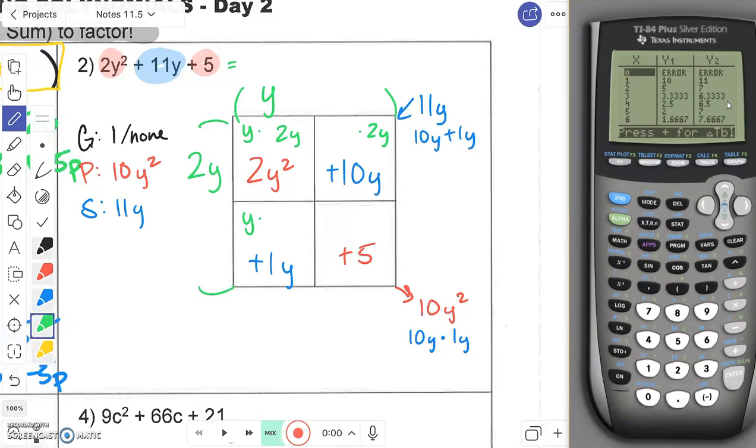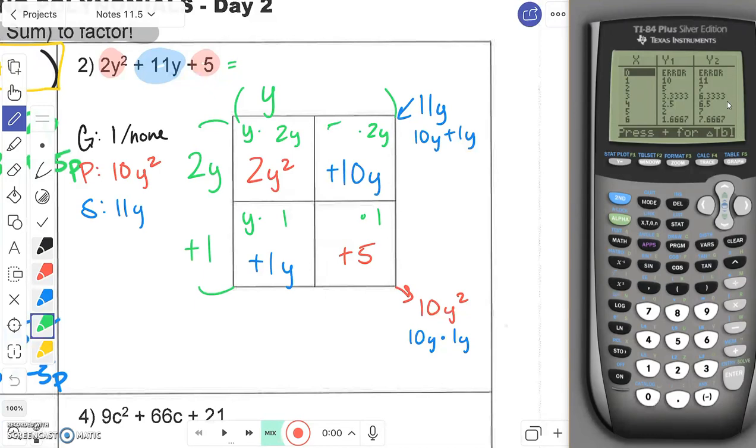And then I'm going to look down at where I already have y times 1 would give me 1y. So I know this other one has to be times 1 as well. And I'm going to bring out that positive 1 into my parentheses. And then I'm looking at that last column. Something times 2y gives me 10y.